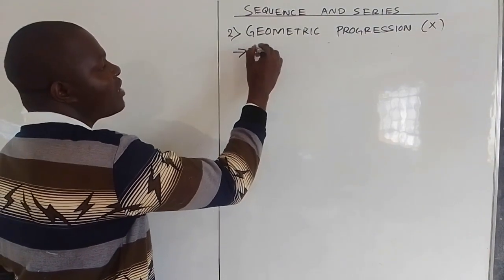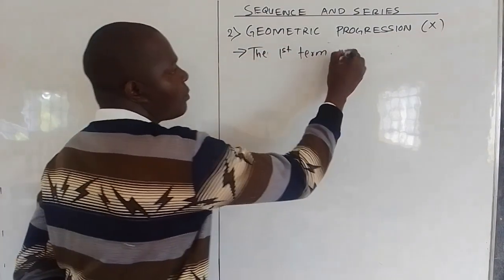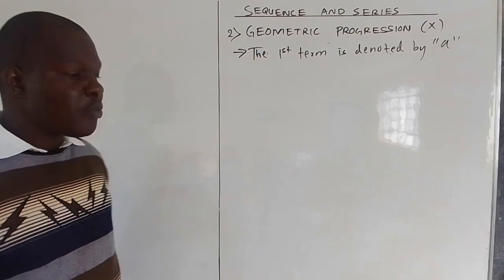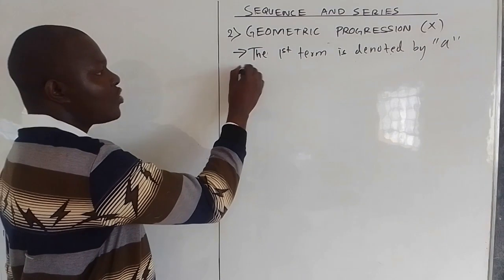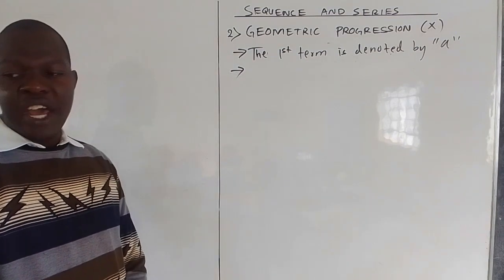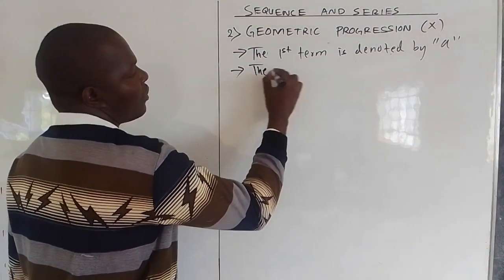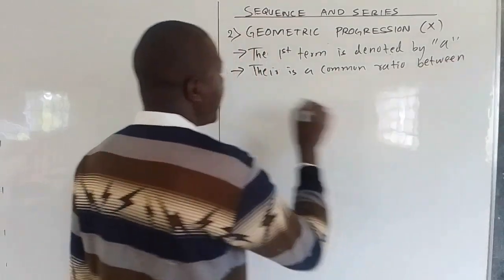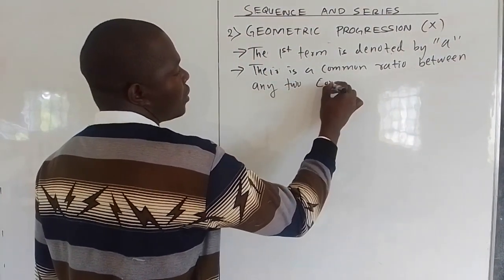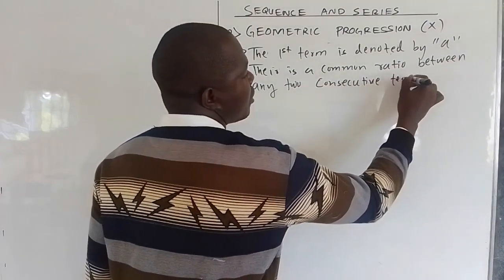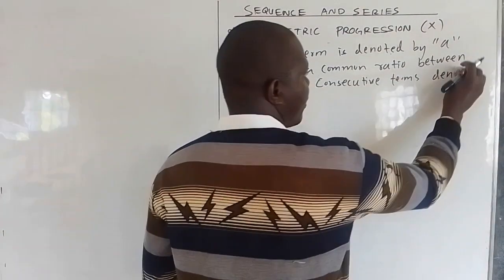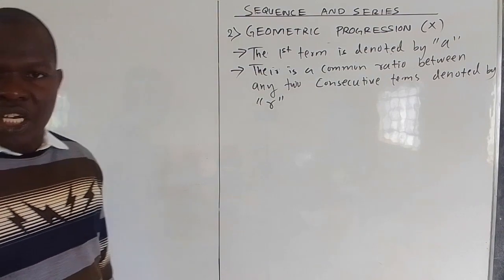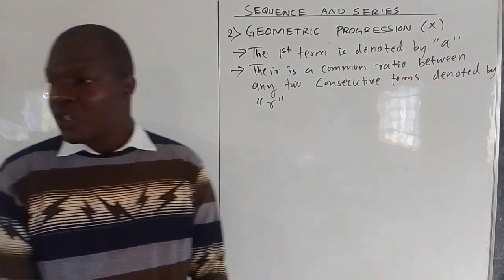As usual, the first term is denoted by A. Then there is a common ratio between any two consecutive terms, denoted by R.